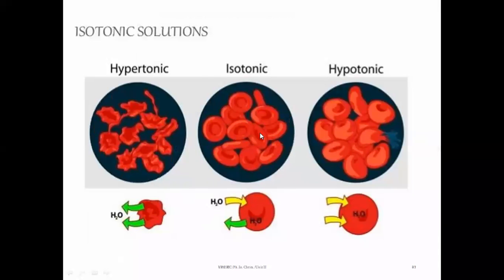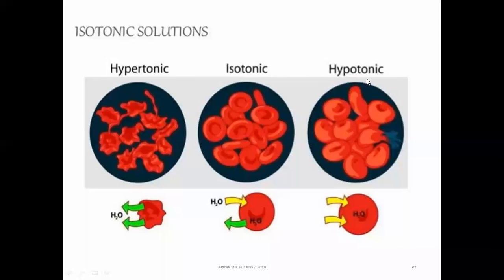The reason behind that is that it has the same osmotic pressure as that outside the membrane. In case of hypertonic solutions, if we suspend the RBCs in the hypertonic solution, the water which is there in the RBC will enter the extracellular fluid. That's why shrinkage of the RBC will happen.